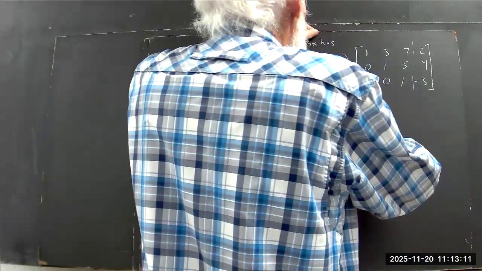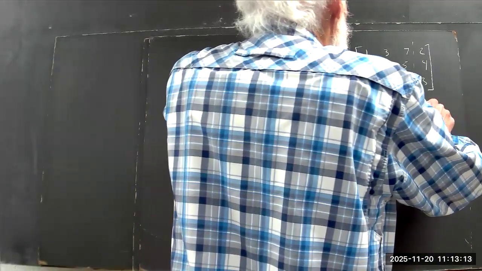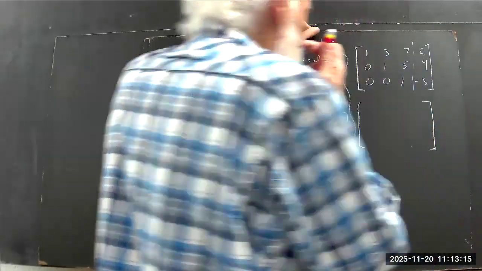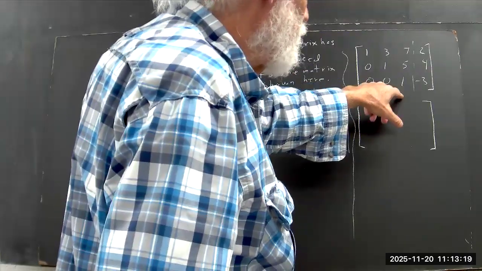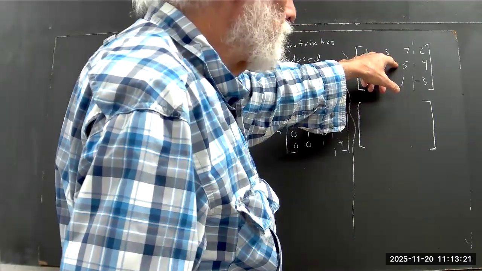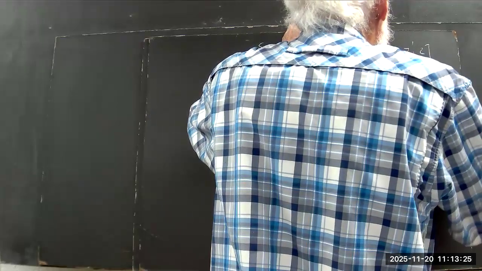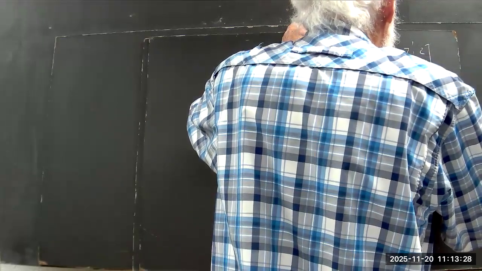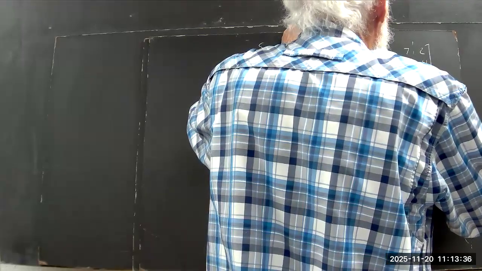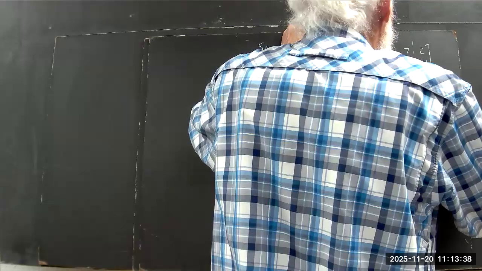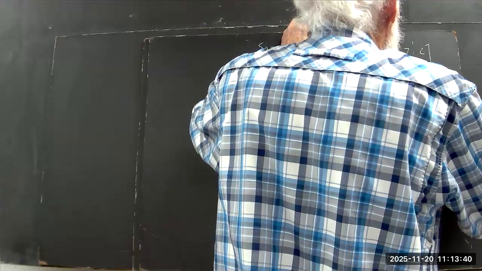Okay, so what I want to do, and this is of course explaining it for everybody, is add -5 times this row to this row. So row 1 is going to remain intact for now, and row 3 is going to remain intact, but row 2 is going to become row 2 minus 5 times row 3.